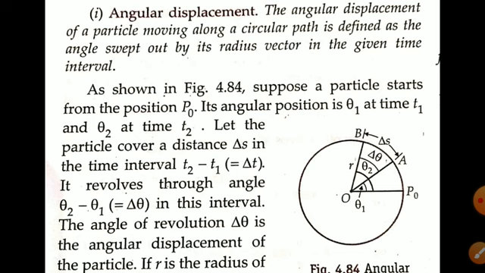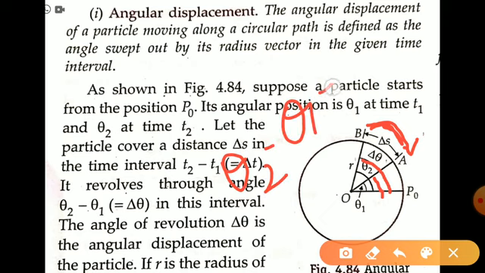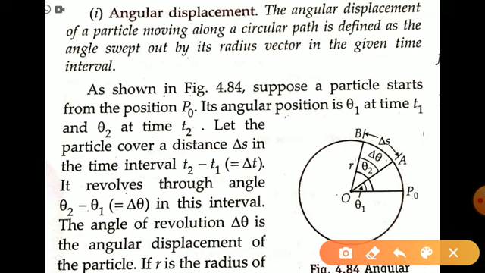Now, from A to B, the displacement is delta theta. It means initially the object had angle theta 1, represented here, and then angle theta 2 at point B. So between this distance delta s, the angle is theta 2 minus theta 1, which is equal to delta theta, and this delta theta is known as angular displacement.